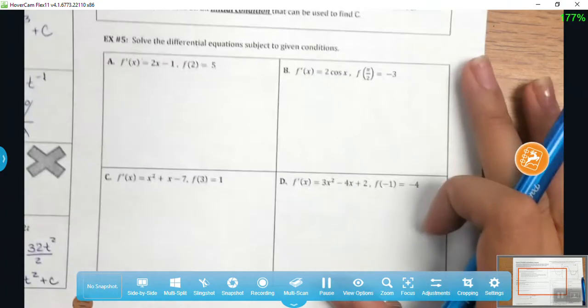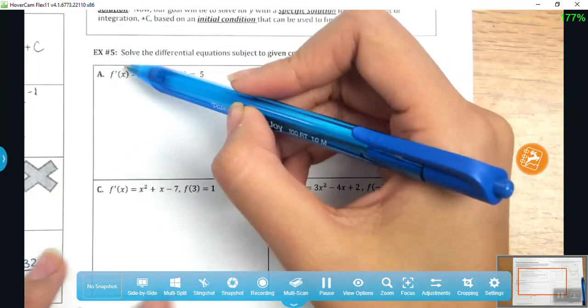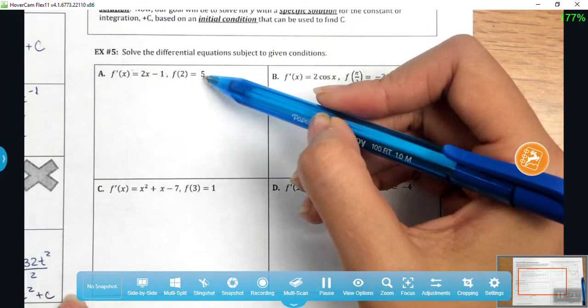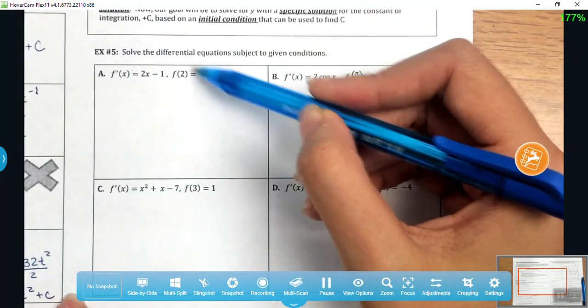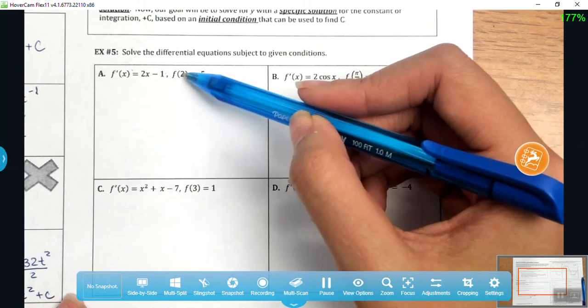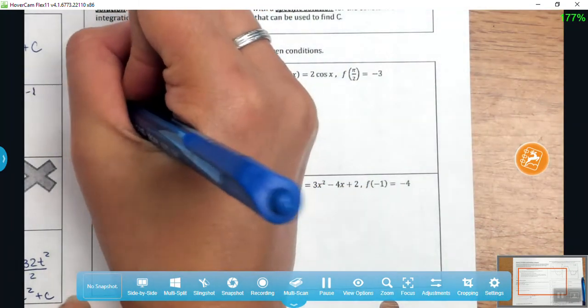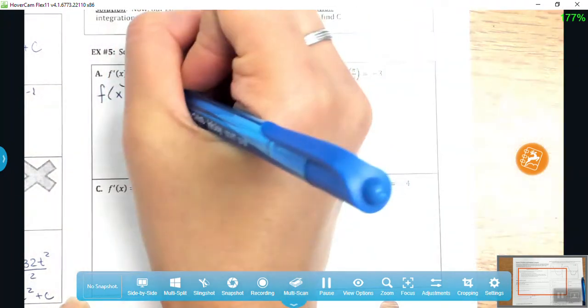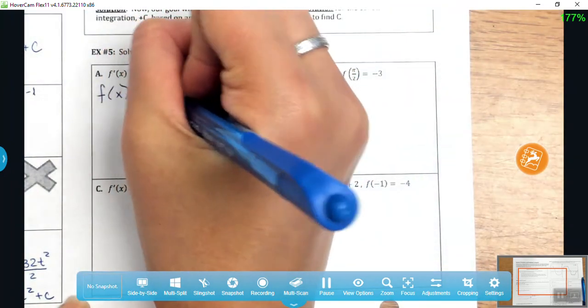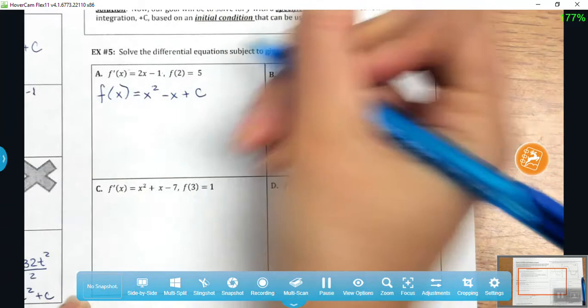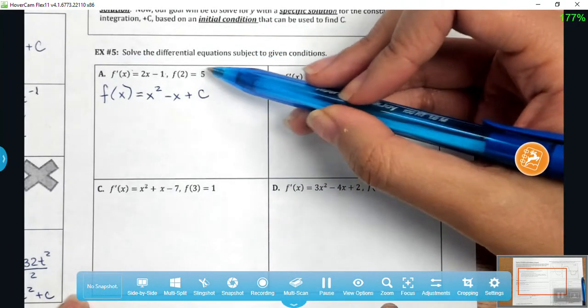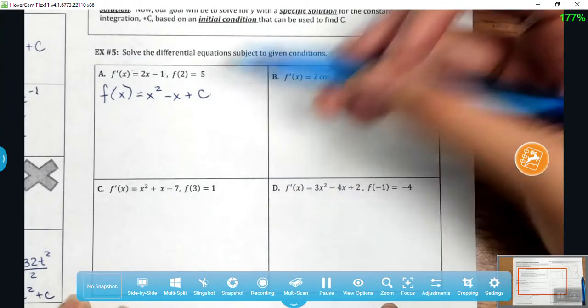So if they give you that the derivative is 2x minus 1, and that the original function hits 5 at 2, when you take the antiderivative and get x squared minus x plus c, you can use your initial condition to solve for that c value.